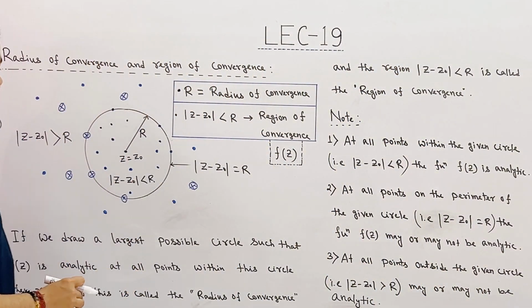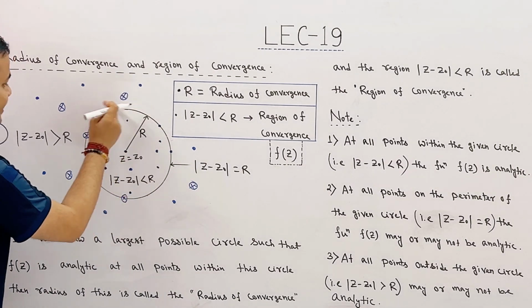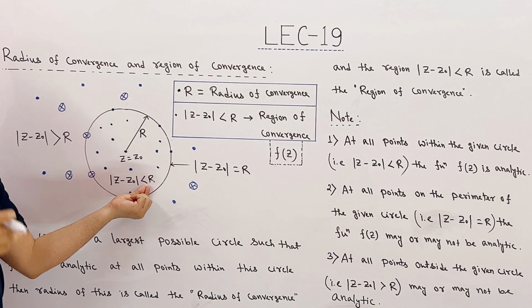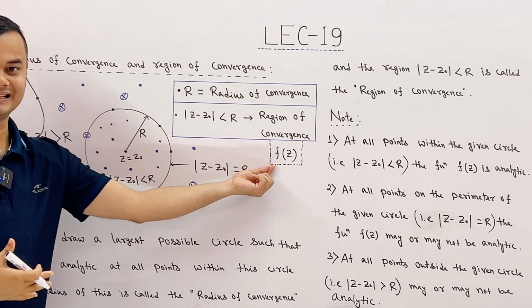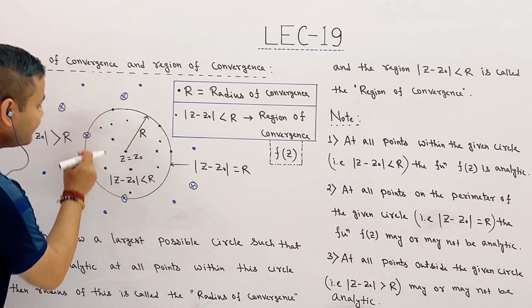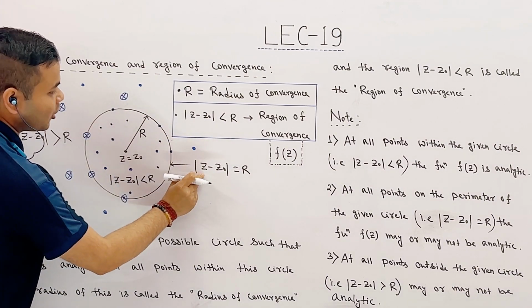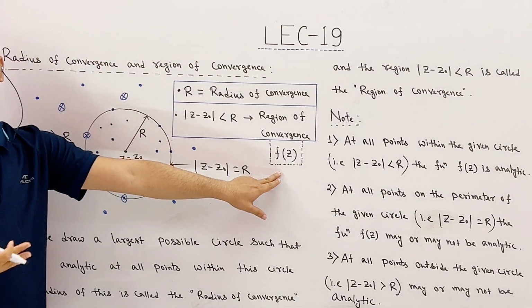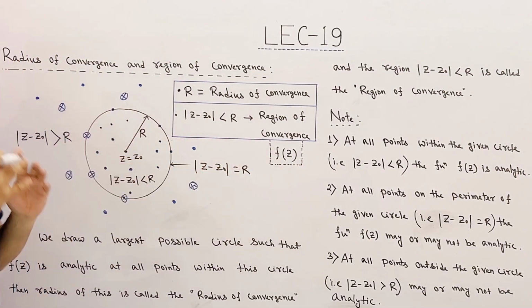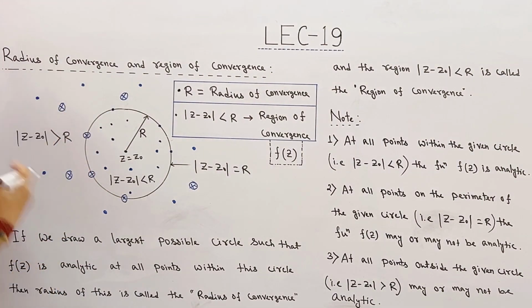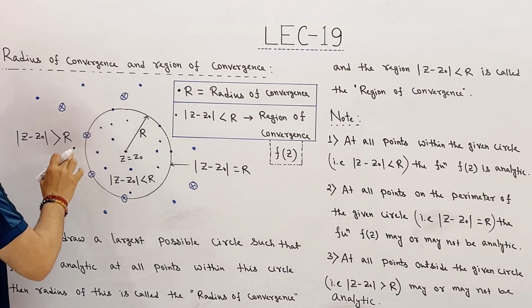Some important points. First one, at all points within this circle, that means modulus of z minus z naught less than r, the function f of z is analytic. Second point, at all points on the perimeter of the circle, that means modulus of z minus z naught equal to r, the function f of z may or may not be analytic. That means at some points the function f of z will be analytic, and at some points the function f of z will not be analytic.